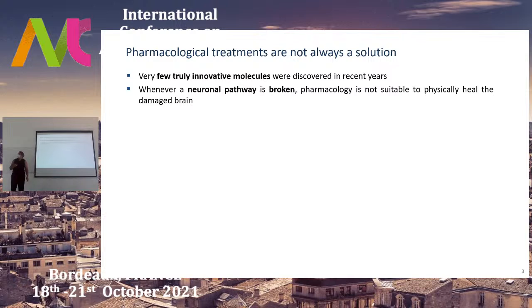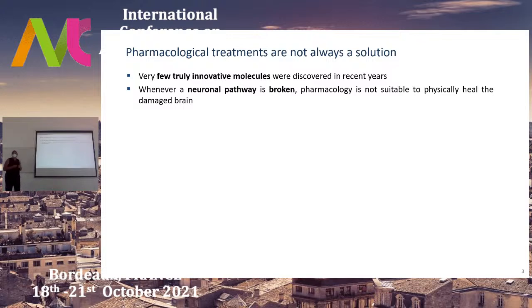Actually, pharmacology, which is largely used in medicine, is not the best suited solution for this type of disorders. Why? First, because pharma companies have not found specific drugs, innovative molecules in the last years, which are targeting the nervous system.